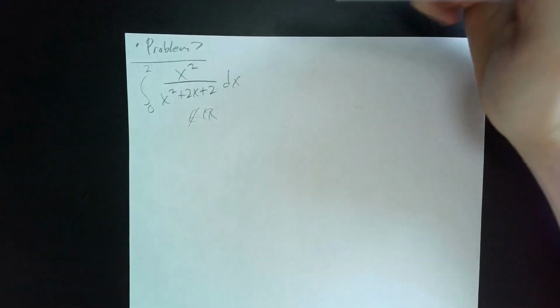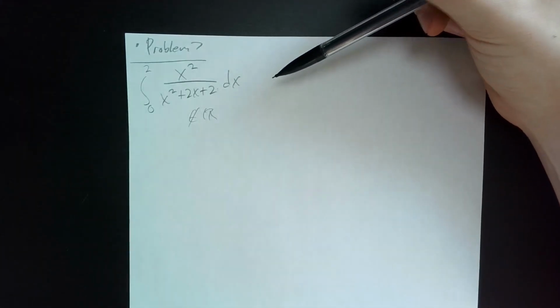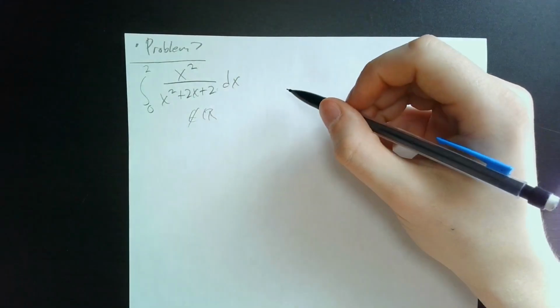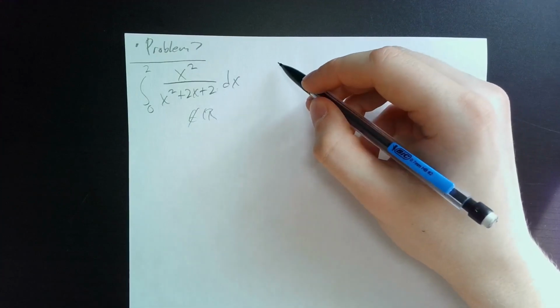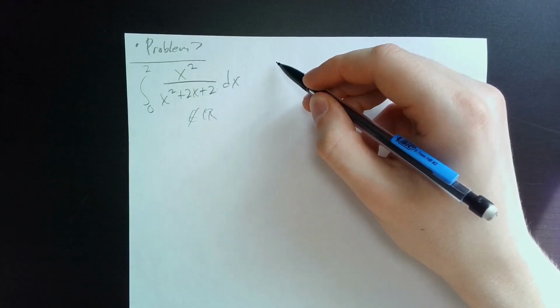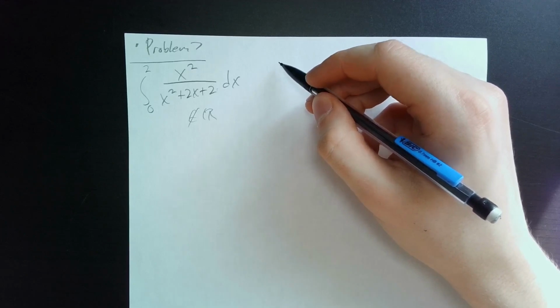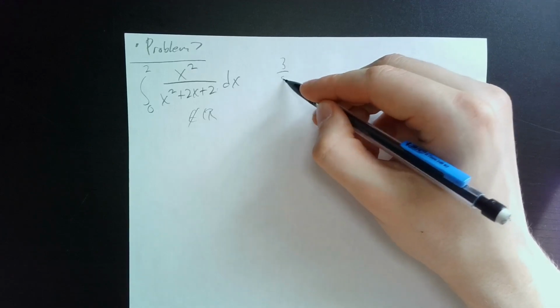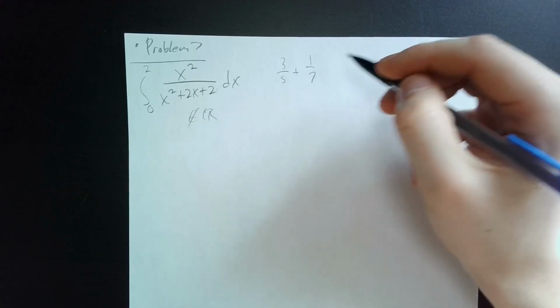Well, this requires a little bit of a deeper understanding of the method of partial fractions. Really, where partial fractions comes from is an extension of the idea of when you add two fractions together. It's basically going backwards. So, like, let's say I want to do 3 over 5 plus 1 over 7.